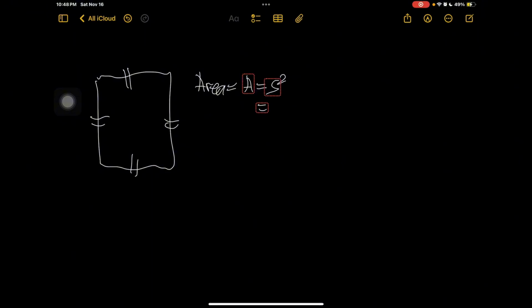So, 8 meters. And next, we're gonna put the 8 meters. So, 8 squared is equal to 64 meters squared. It's because 8 multiplied by 8 is 64.